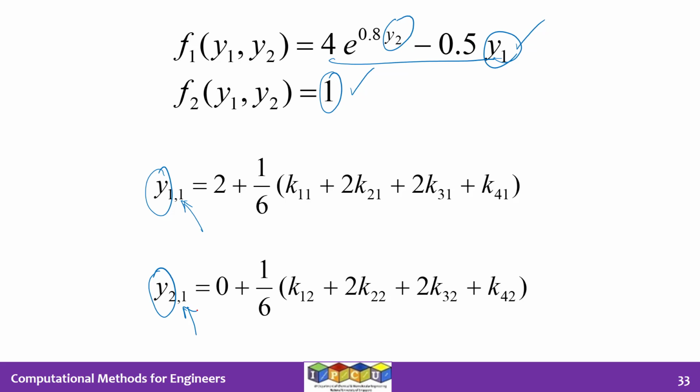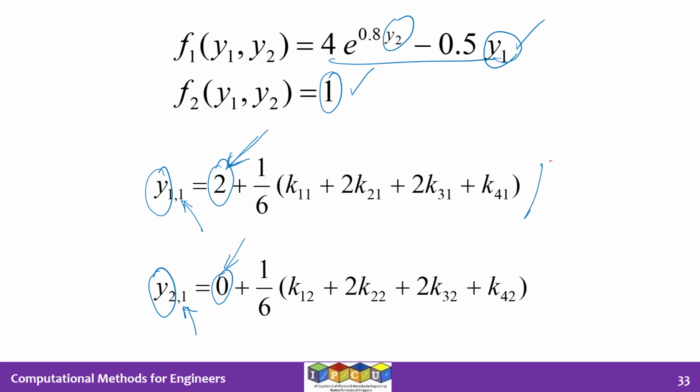We know the value of y1 at x is equal to 0. So the initial condition for y, which is y1, is given to be 2. And we know the initial value for x is 0. So this is the initial value for y2, and this is the initial value for y1 at x is equal to 0.